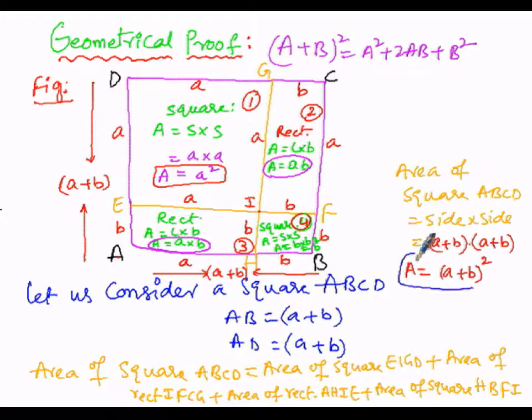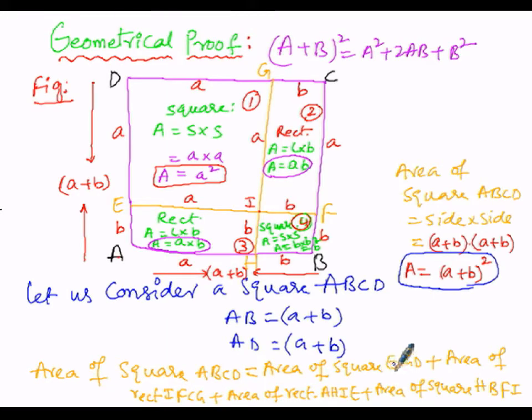Then now, the area of the square ABCD is A plus B whole square, which is equal to the area of square EIGD, that is the first figure.